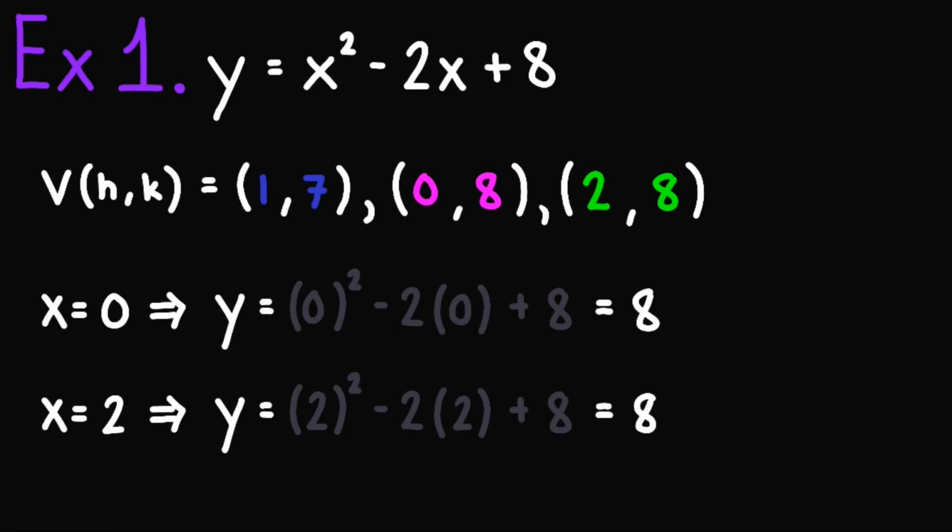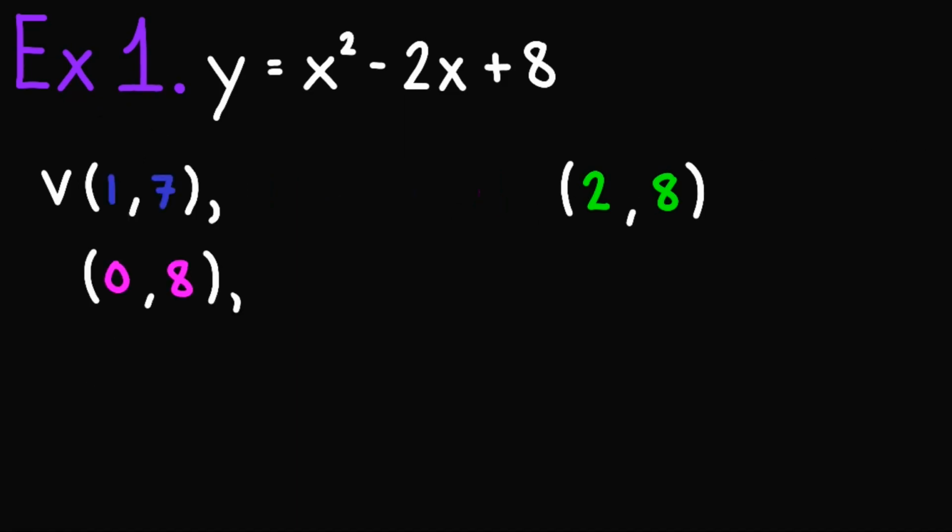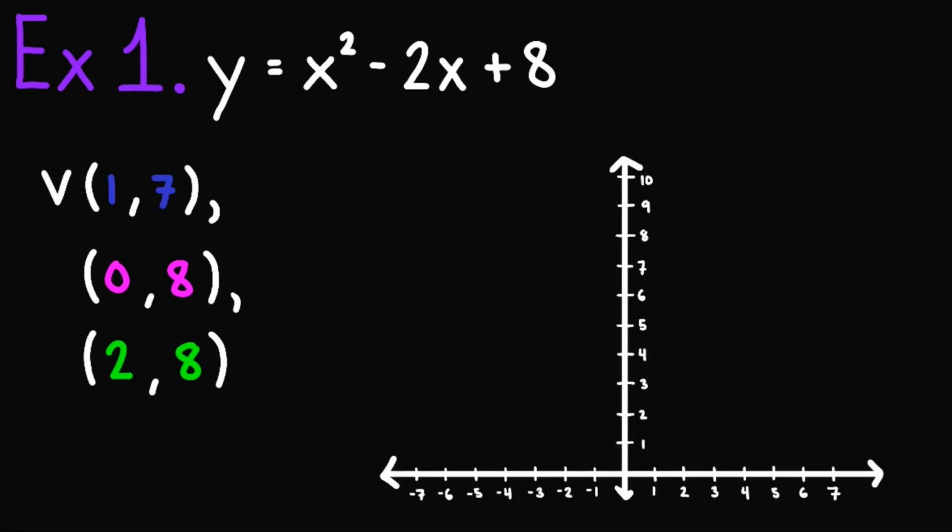So clearing out some space, and so let's have a graph out here. How do we do this given these 3 points? What we do is we simply plot all these points.